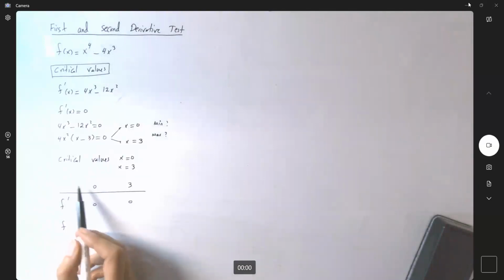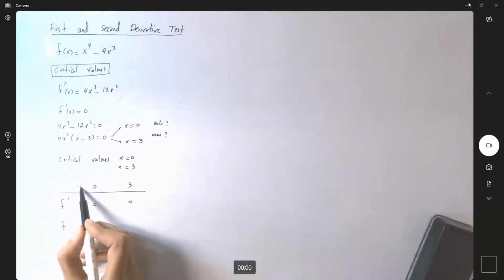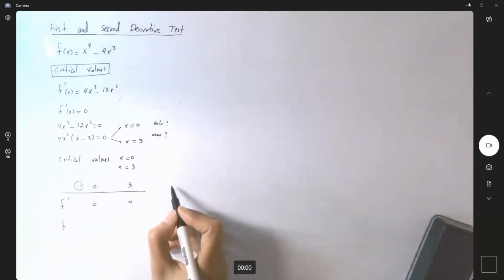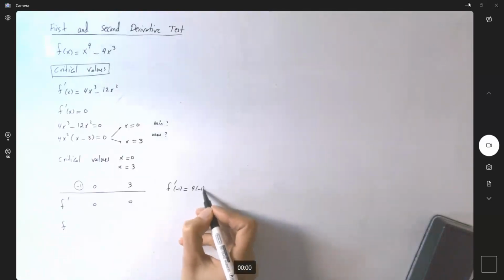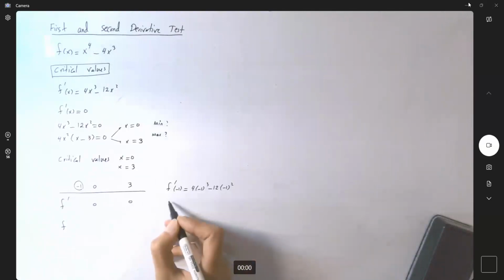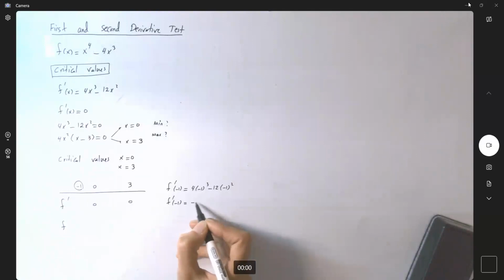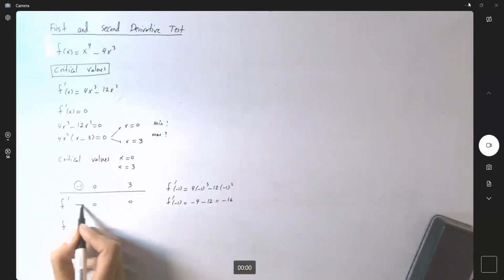If I use a negative number less than 0, like -1, a nearby point, f prime at -1 is 4 times -1 to the third minus 12 times -1 squared, which is -4 minus 12, or -16. I get a negative sign.